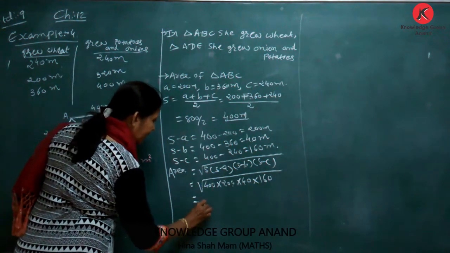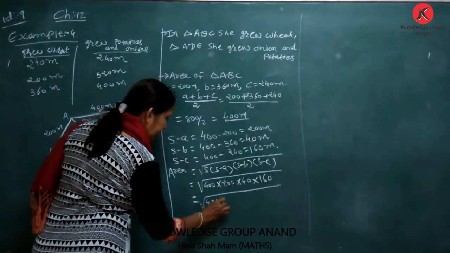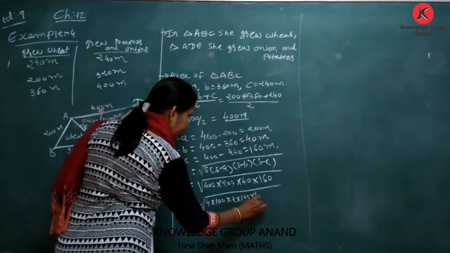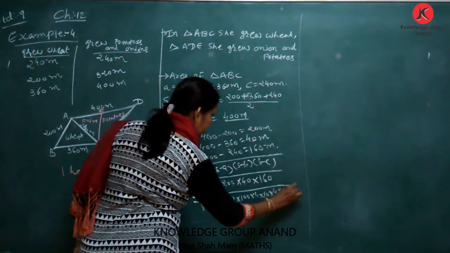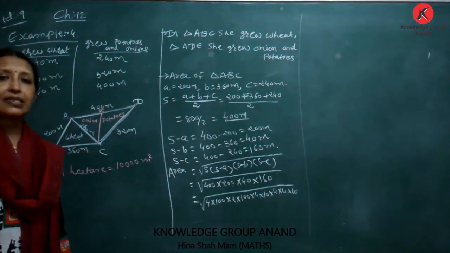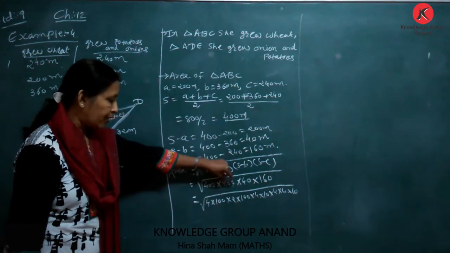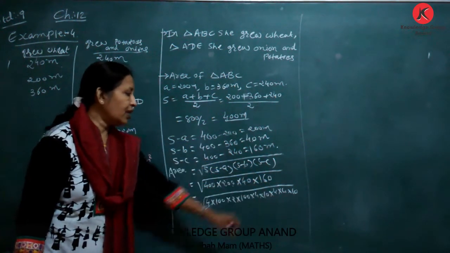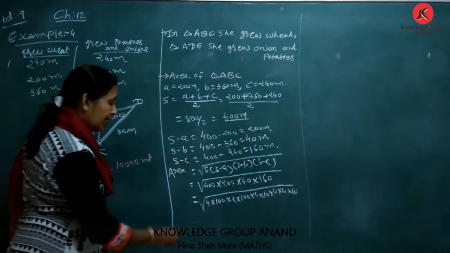Then we find like this: 4 into 100 into 2 into 100 into 4 into 10 into 4 into 4 into 10. 4 fours are 16, 16 tens are 160. First we find the factors of 4 into 100, 2 into 100, 4 into 10, 160 is equal to 4 fours are 16 into 10.